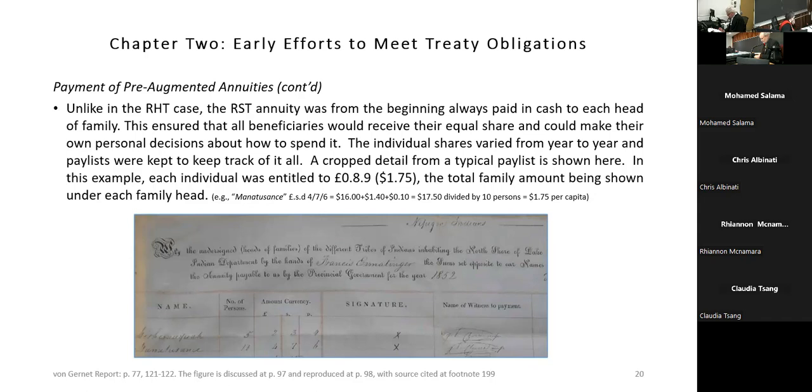Manitoussaint, which is spelled differently here, you will recall, was the treaty signatory to the RST, who was a chief of the Lake Nipigon band. And so he and his colleague were at the fort on this day, receiving their proportions. And of course, their signatures, as usual, are given with an X.